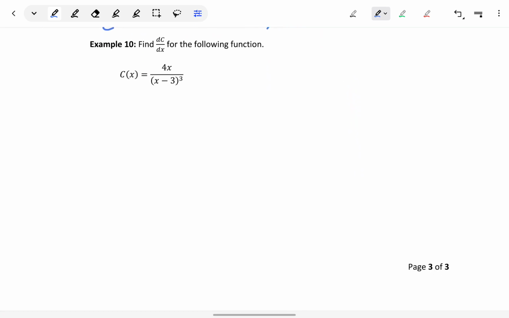In examples 8 and 9, we had to use 2 iterations of the chain rule. Now what we'll see is the chain rule used in conjunction with the quotient rule, since we have a function in the numerator and a function in the denominator.